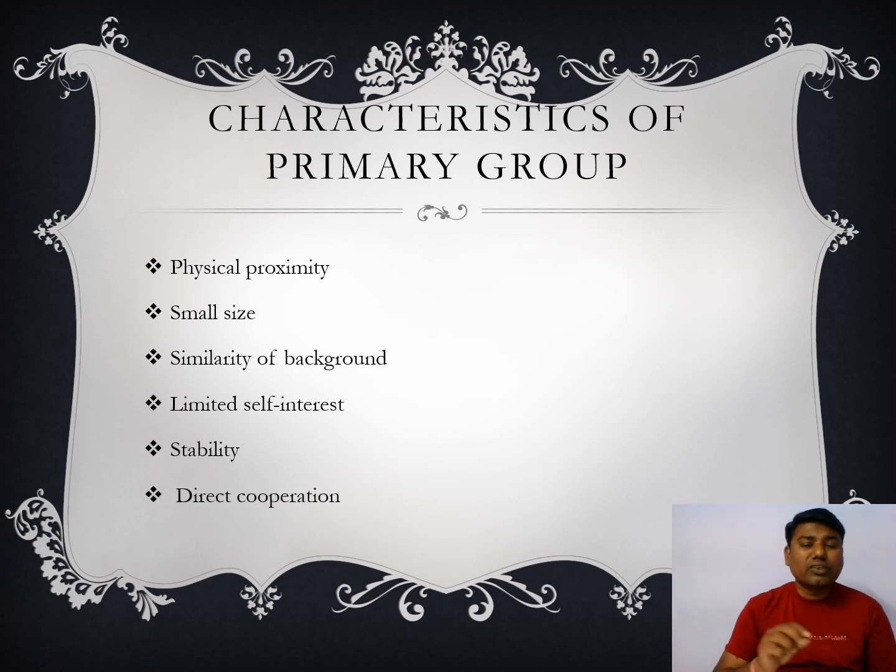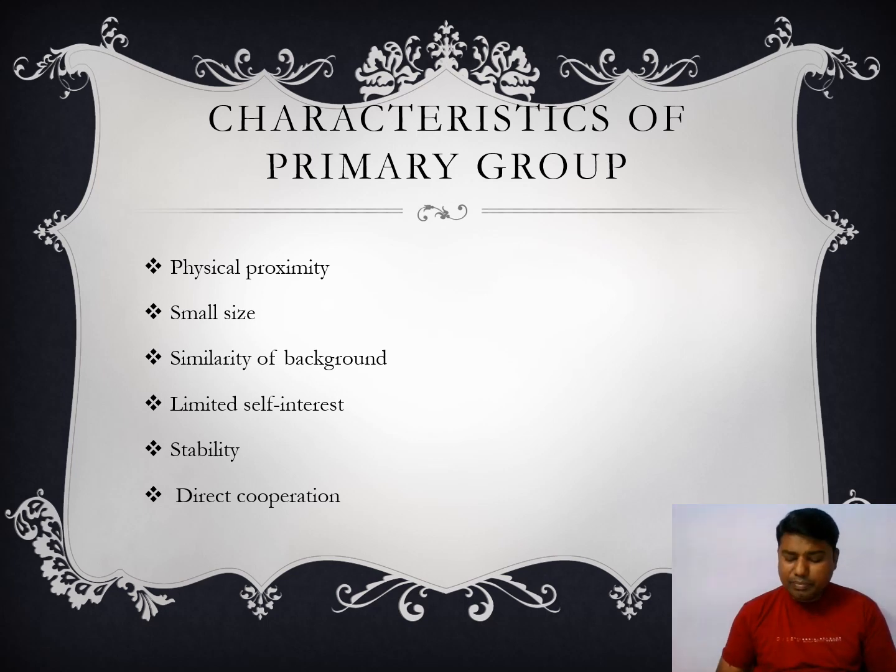Then there is direct cooperation, coordination, mutual aid, helping one another. These are the basic features of a primary group. In a primary group, the members work directly and in cooperation with each other so that they can achieve their common interest.